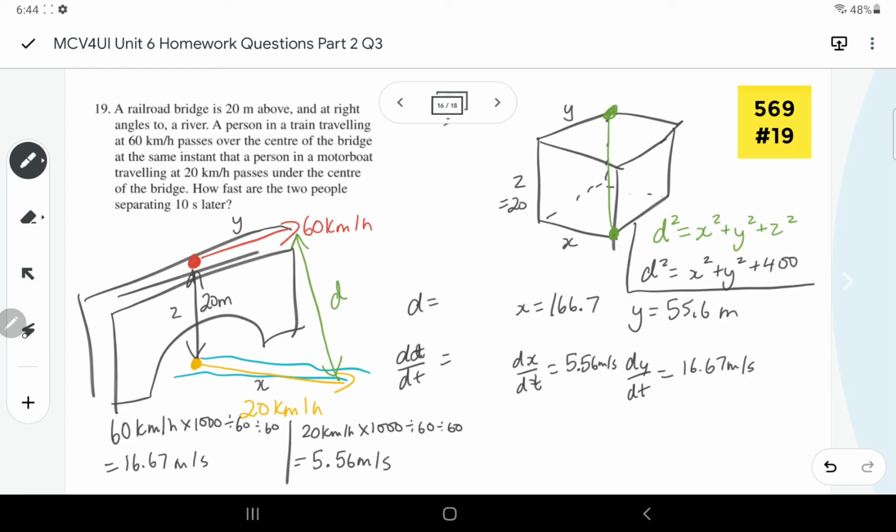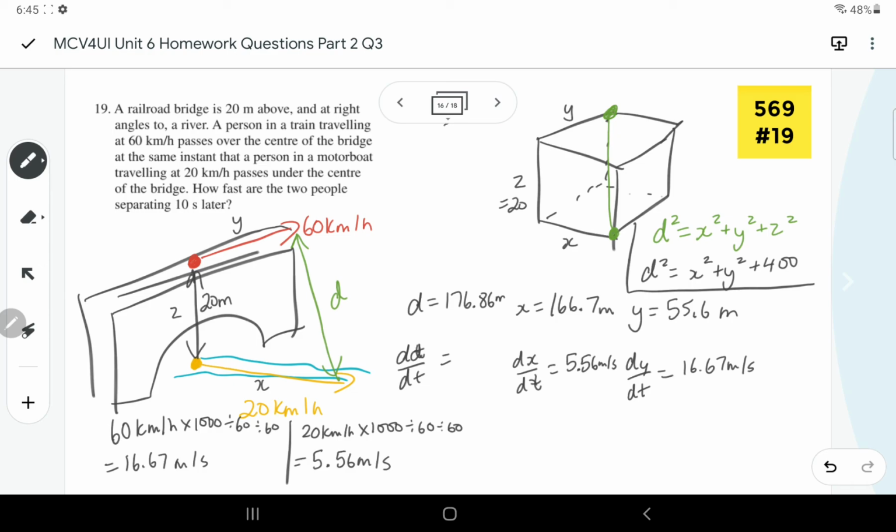Now we can use those just to save space. I'm going to sub those in on my calculator to figure out what the distance would be. So I'm going to take this x and this y, put it all into the distance formula and figure out how far apart they would be. So 166.7 squared plus 55.6 squared plus 400, and then the square root of that, and the distance between the boat and the train would be 176.86 meters approximately.